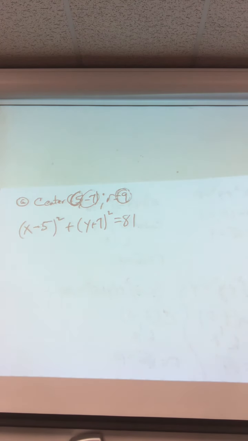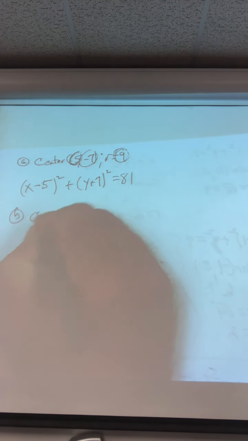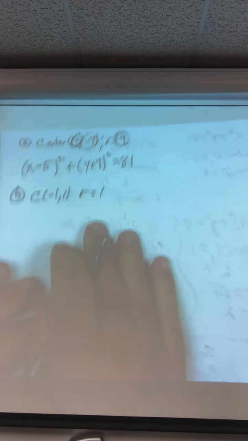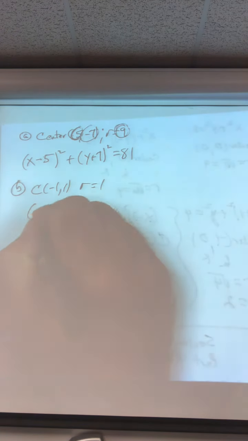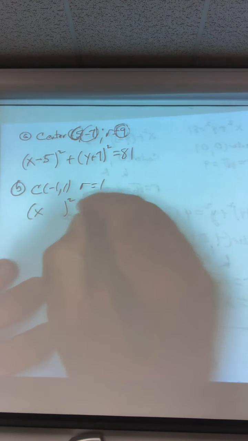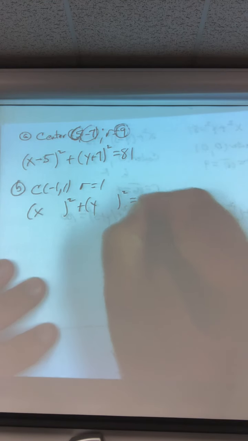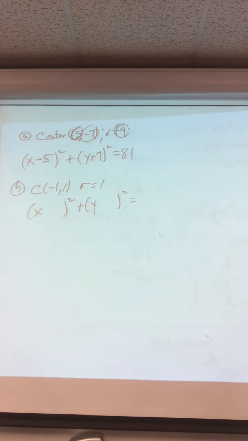All right, let's do 2 or 3 more of these. Center (-1, 1), radius 1. This is going to be x, a square term, plus y, a square term, equals something. And we'll figure that out in just a second.